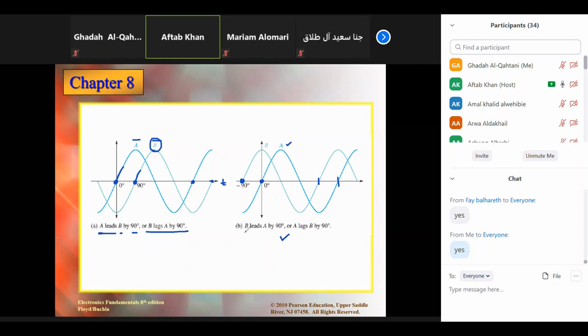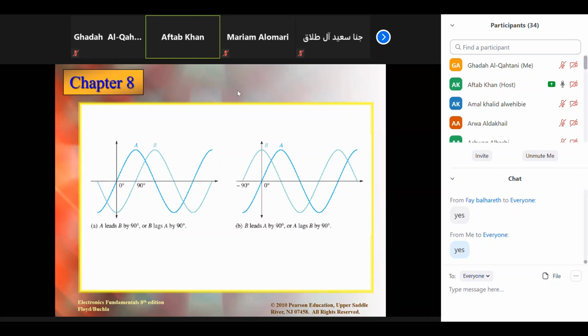So I can say B leads A by 90, or A lags B by 90. So phase angle is basically helpful to find the relationship between the waveforms with some reference. A is the reference here, and based on that, we have found it like that.